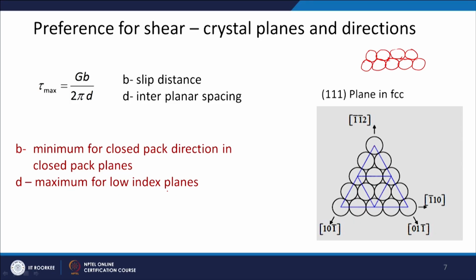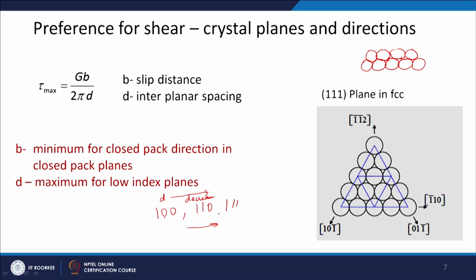We also discussed that you have maximum interplanar spacing d when you are talking about low index planes. Low index planes are 100, 110, 111 and so on. In this direction indexing is increasing, so this will have the maximum d spacing, and then d spacing will decrease in this direction.